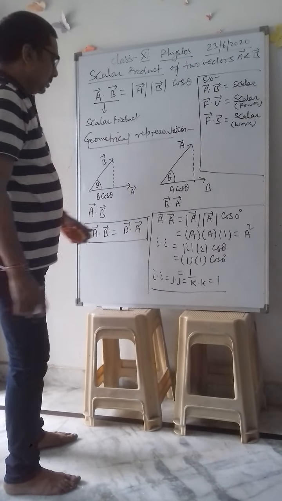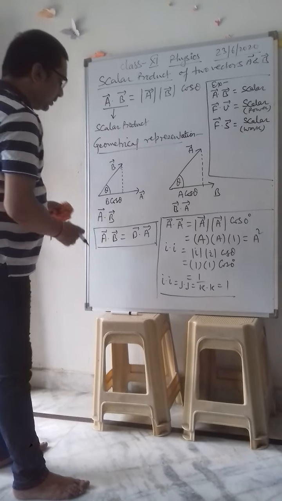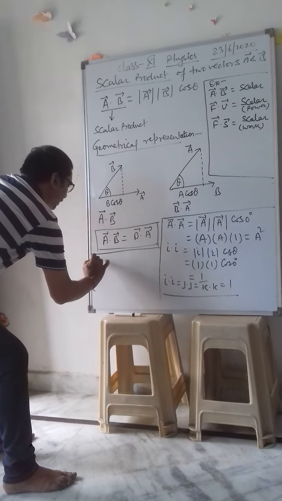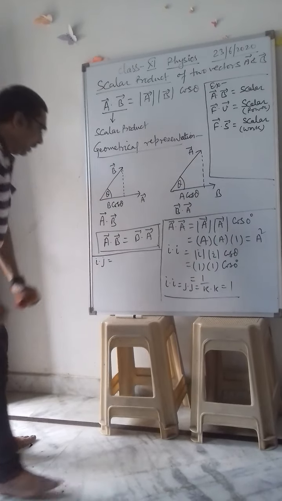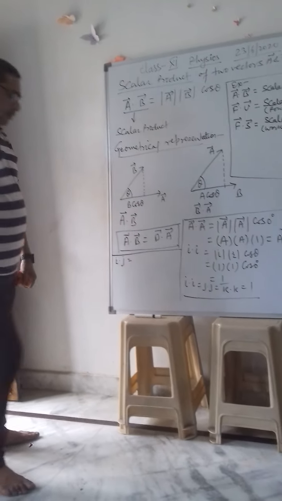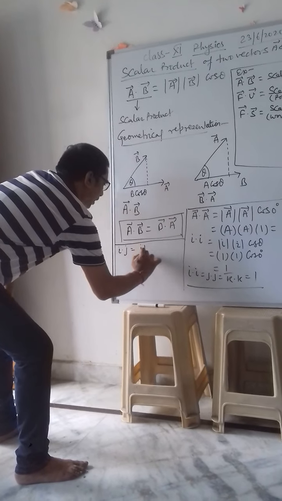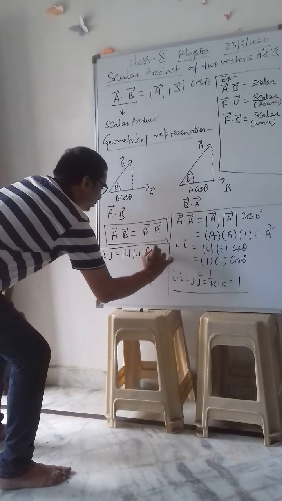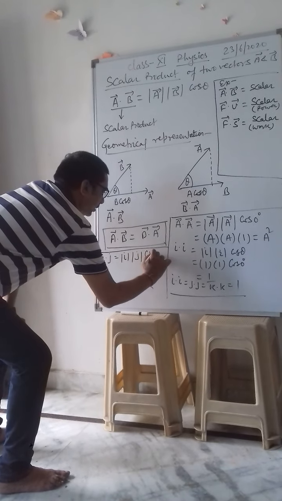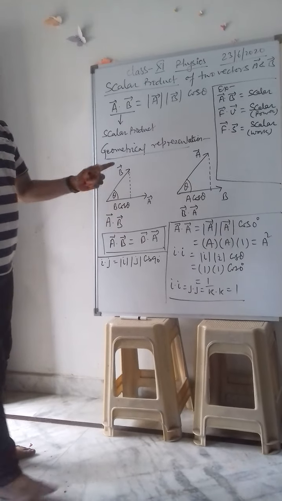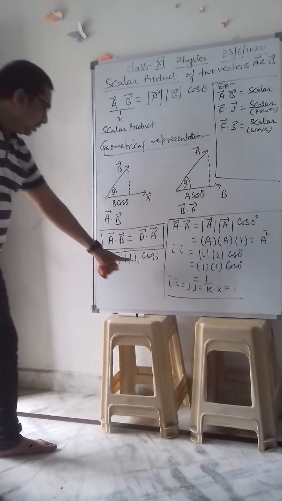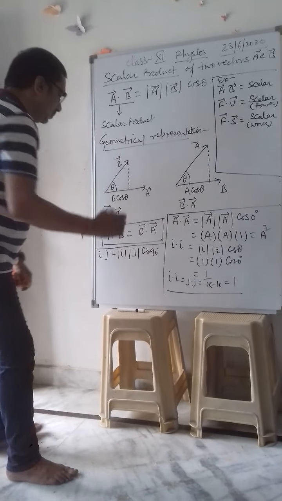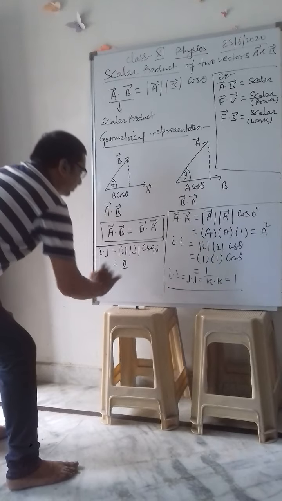Now we can write another formula. I dot J, how much? For this also we can take I mode of J and cos theta. Actually I and J are at 90 degrees, so we can write here theta is equal to 90, and as we know cos 90 is equal to 0, so this is completely 0.